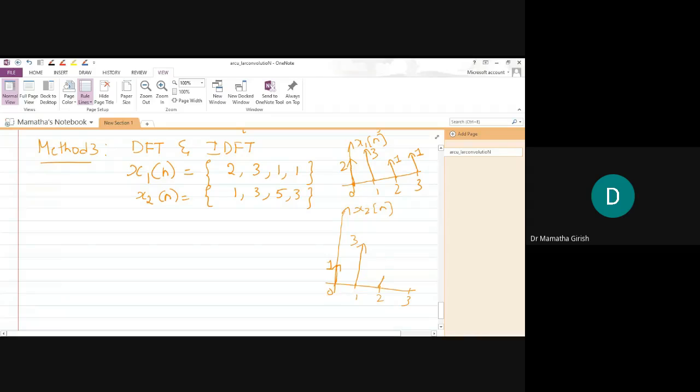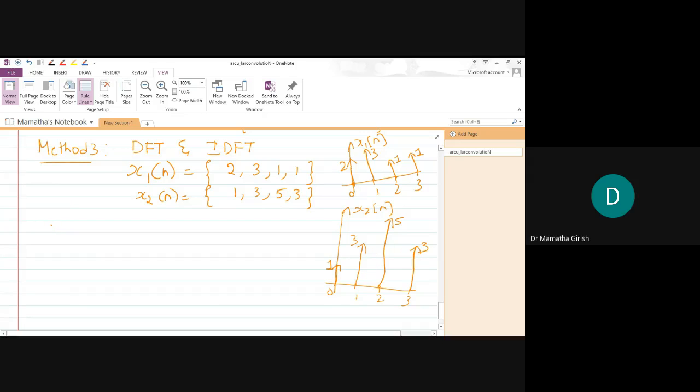At index 2, an impulse whose weight is 5. Again at index 3, an impulse whose weight is 3. Is this concept clear? This is how we visualize the sequences x1 of n and x2 of n. They are nothing but the sum of weighted impulses.